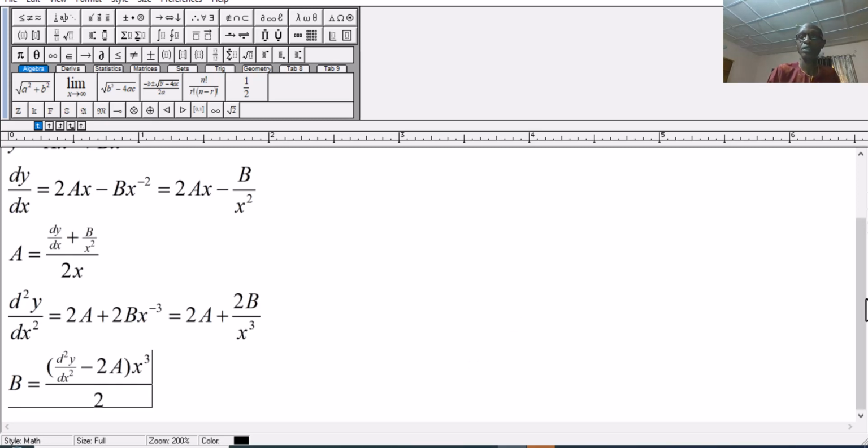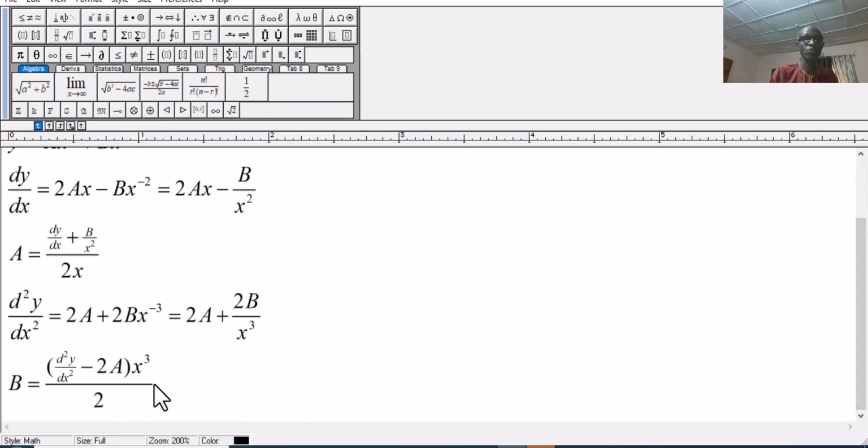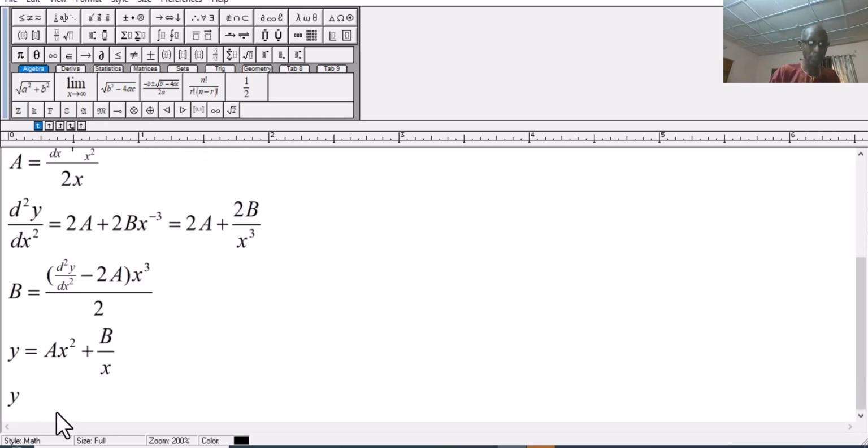So let's see, from what we are given, our y is equal to this. We can either use this or any one of them. So let's go with this. I'm going to copy that, so it will be easy for us to see what we're doing. I know our a is equal to this, so I copy it and put it here in brackets.